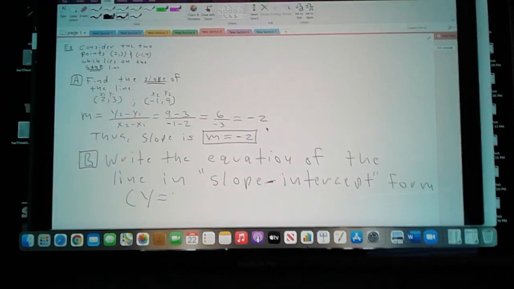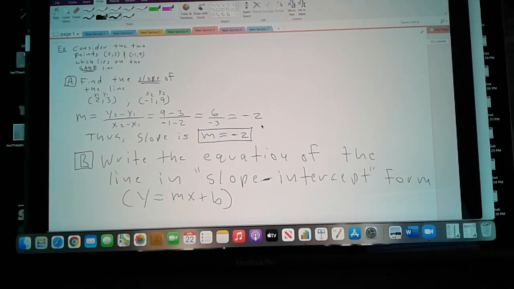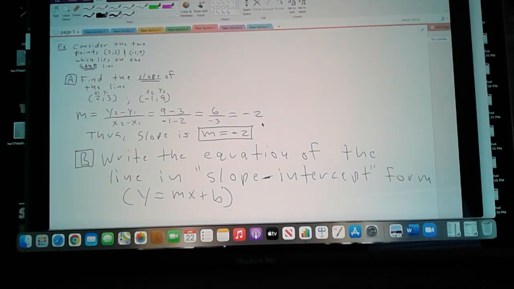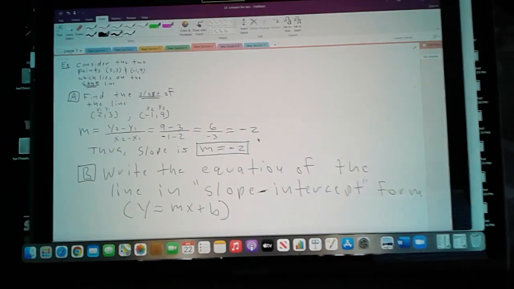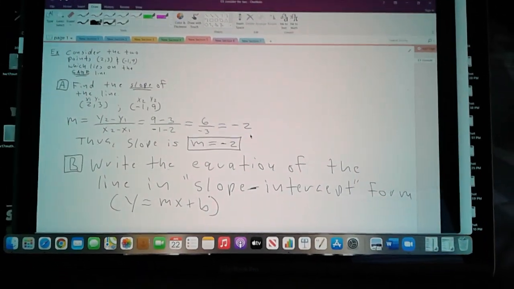So you know that's y equals mx plus b. That's the slope-intercept form. There's going to be some algebra that has to be performed to be able to do this.